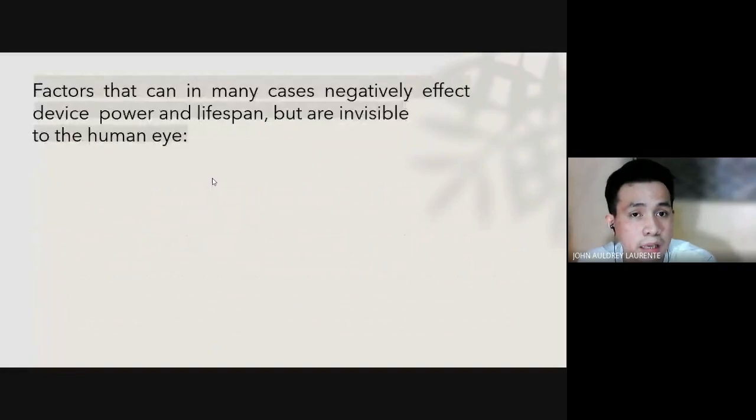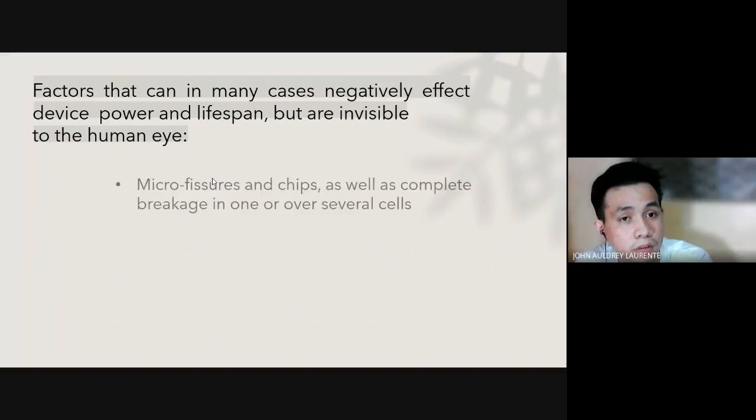These are factors that can, in many cases, negatively affect device power and lifespan but are invisible to human eyes. So basically, these are some factors or defects that affect the lifespan of an electronic device or semiconductor. One is microfissures and chips, as well as complete breakage in one or over several cells.